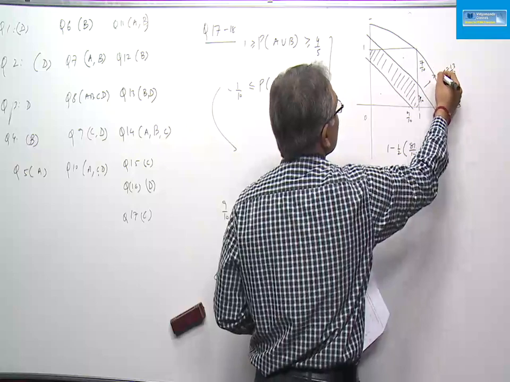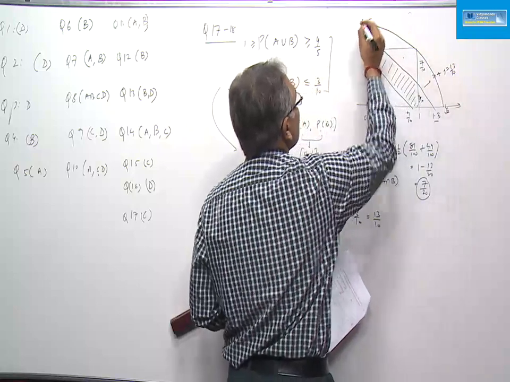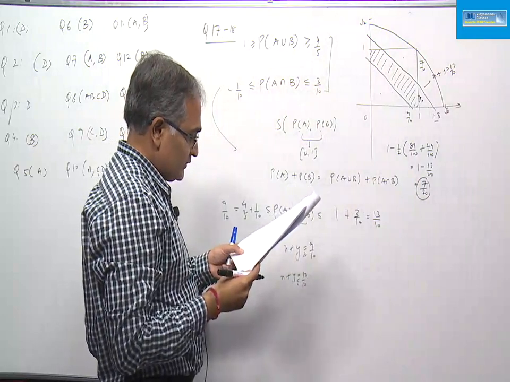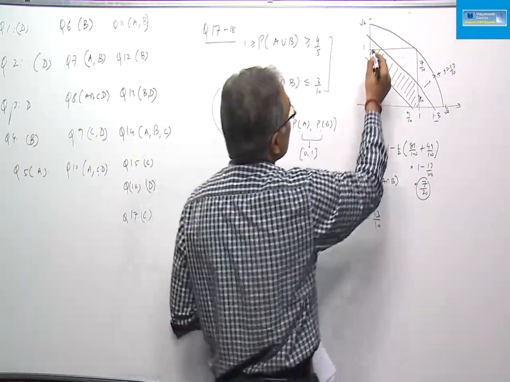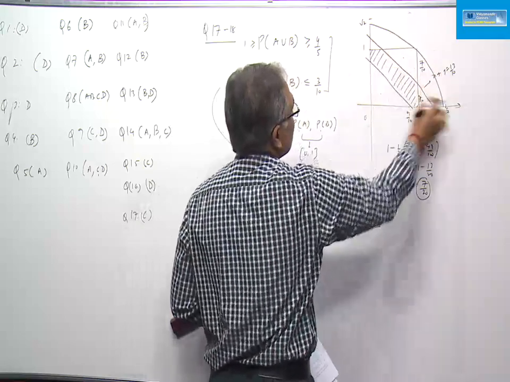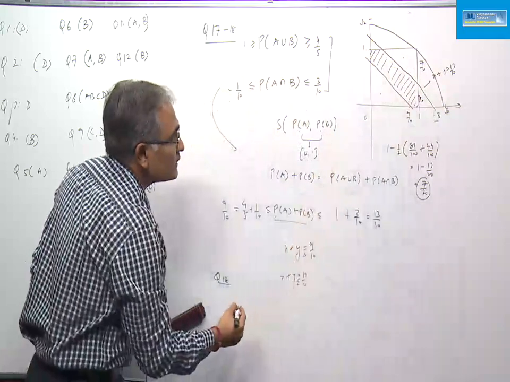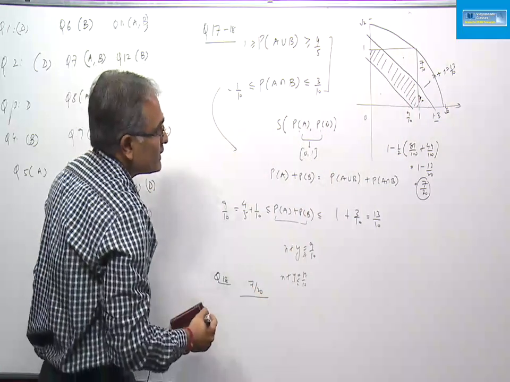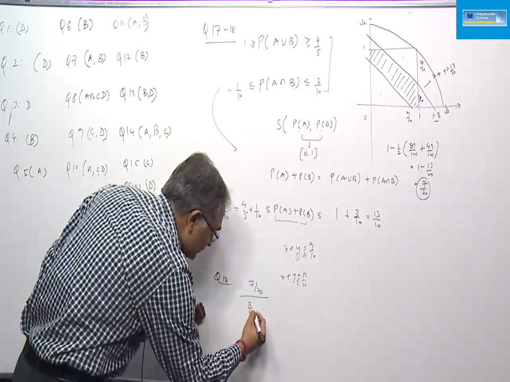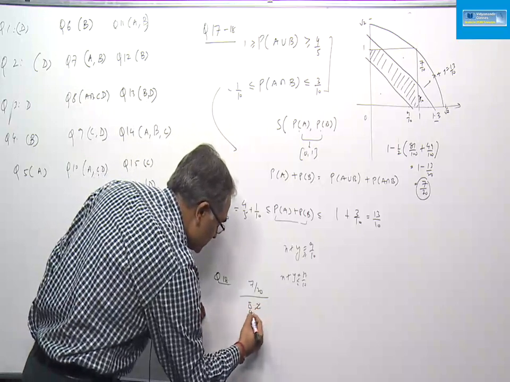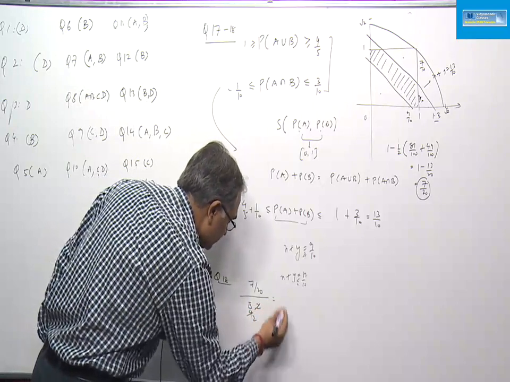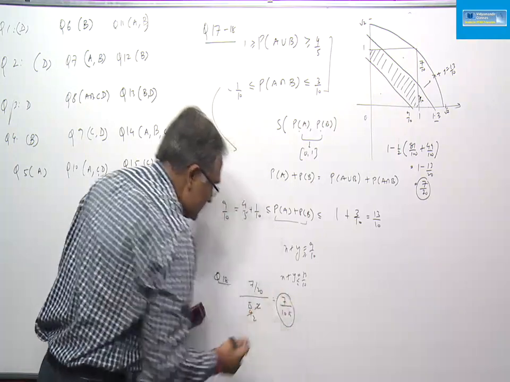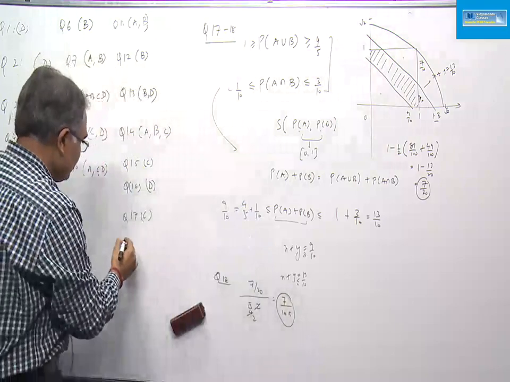This is root 2. And what is the probability that the point belongs to the region defined above? That is, we need to find the area of this divided by the area of this quarter. That is nothing but 7 by 20 upon the area of the quarter, that is pi by 4 times r square, 2. It is coming out to be 7 by 10 pi. 7 over 10 pi, that is option D.